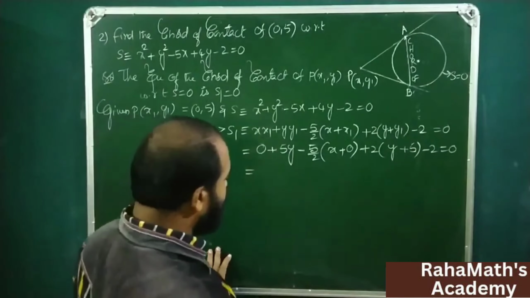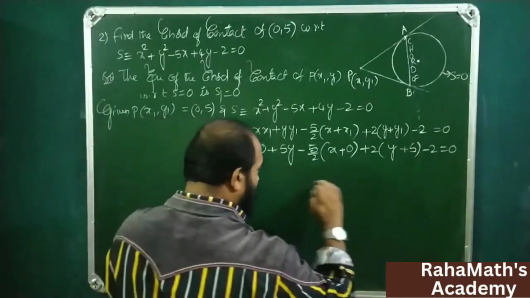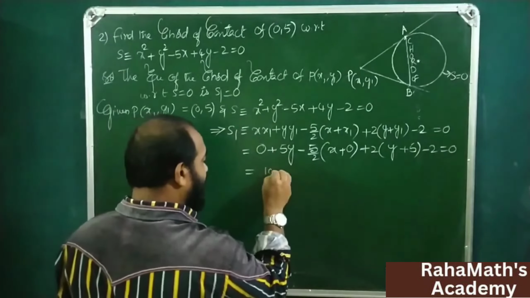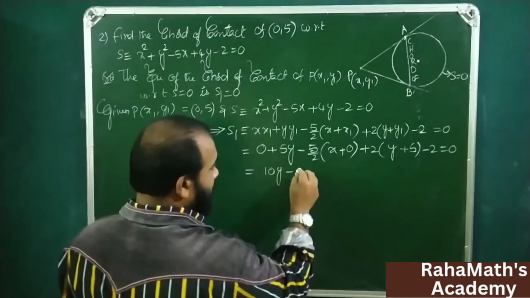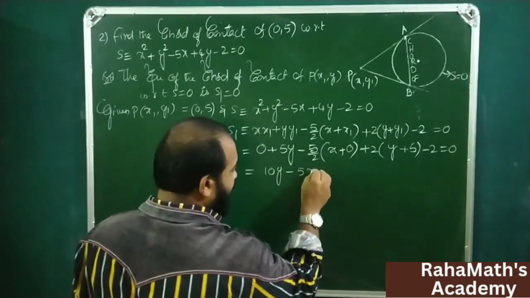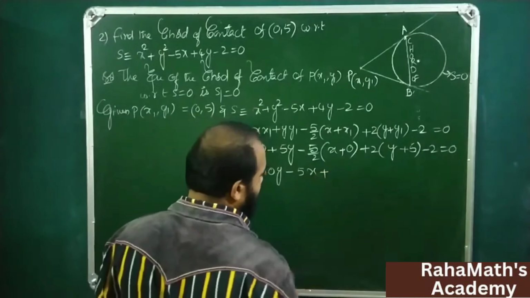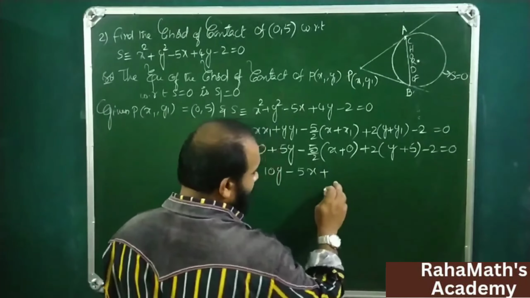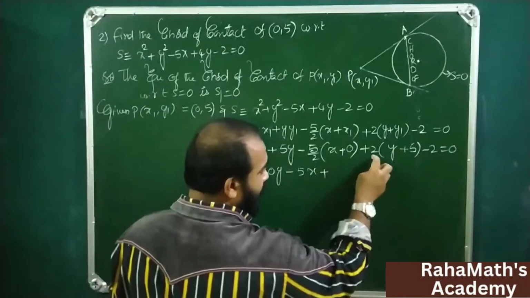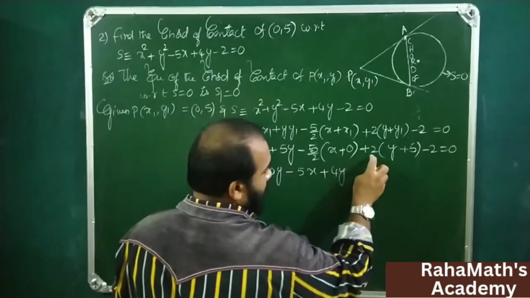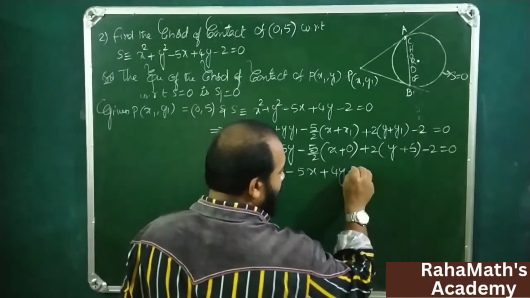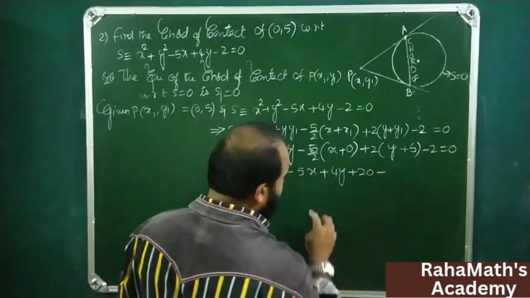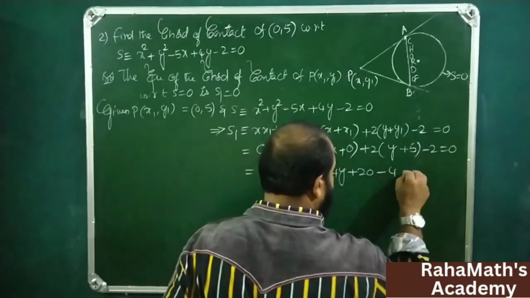So that is equals to, 2 is the LCM: 2 5s are 10y minus 5 into x, 5x, plus 2 is the LCM. So 2 2s are 4 into y, 4y, 4 5s are 20 minus 2 2s are 4 is equals to 0.